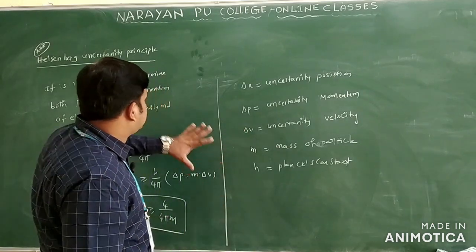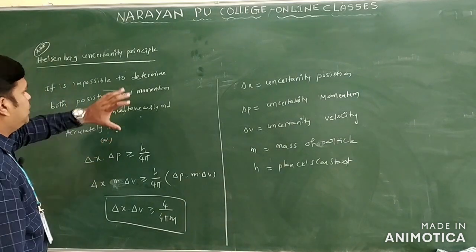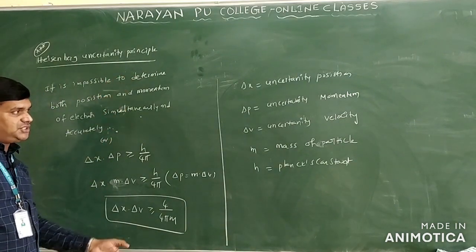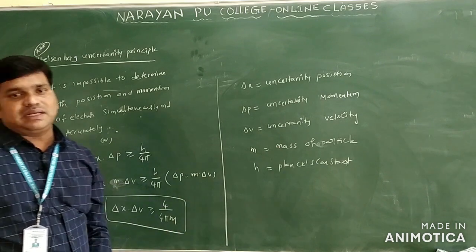So these are the terms. If they ask for the Heisenberg uncertainty principle, you write the definition and just write the mathematical expression. If you want to explain the terms, you can write like this.